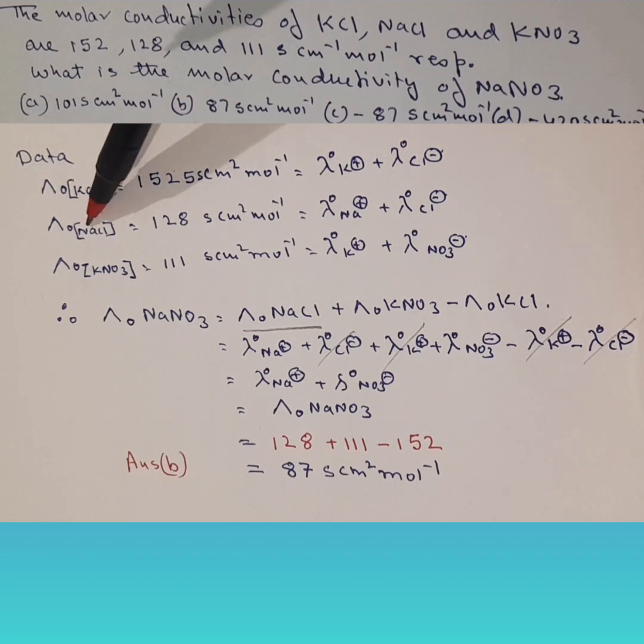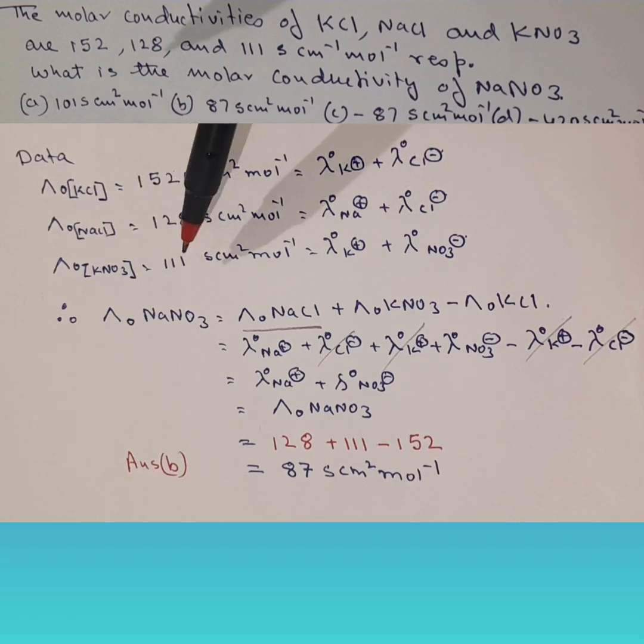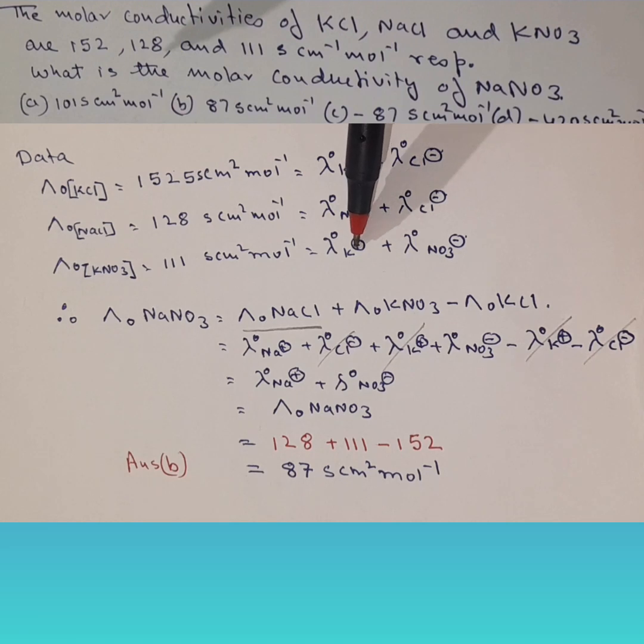Then again, in the case of sodium chloride, the value is provided and we can dissociate it this way, with the molar conductivities of Na plus and Cl minus contributing. Similarly for KNO3, the ions of potassium and nitrate provide molar conductivity independent of each other.